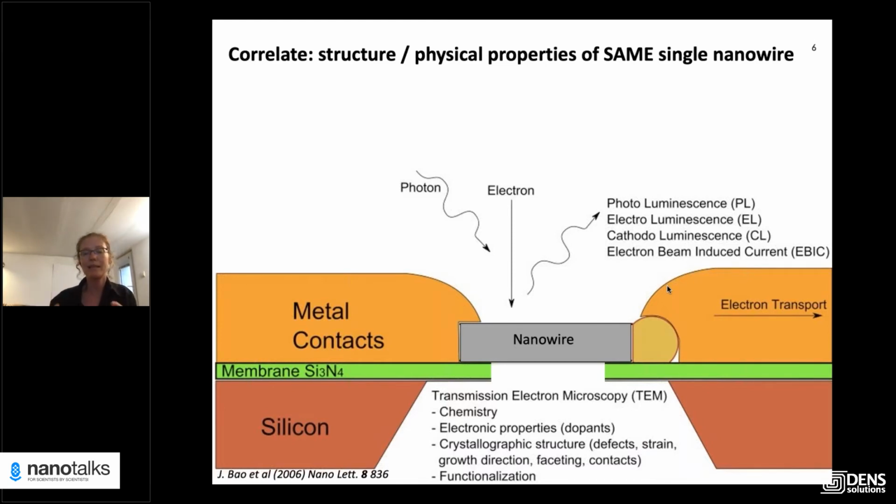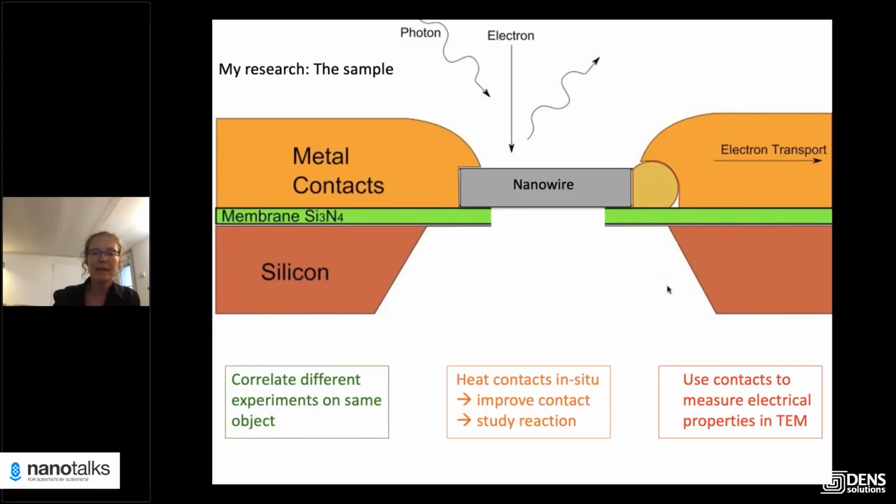So this is a very nice sample structure that allows you to do many things. With this sample structure, we can easily correlate different experiments on the same objects. We can heat the contacts in situ and improve the contact and study the reaction, and use these contacts to measure electrical properties in TEM.